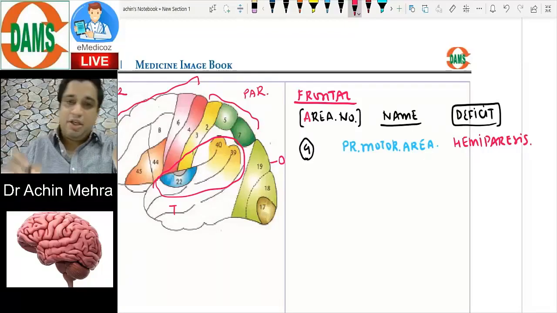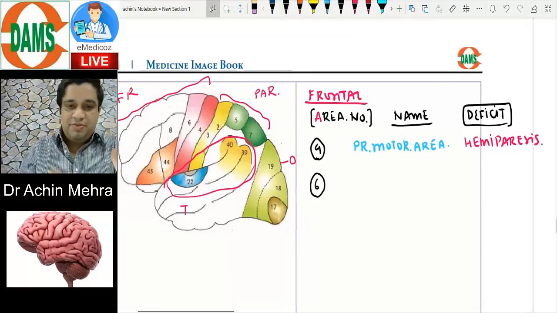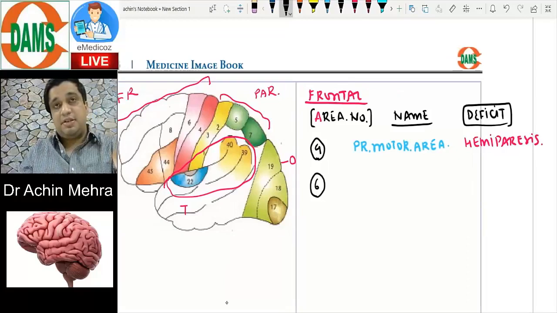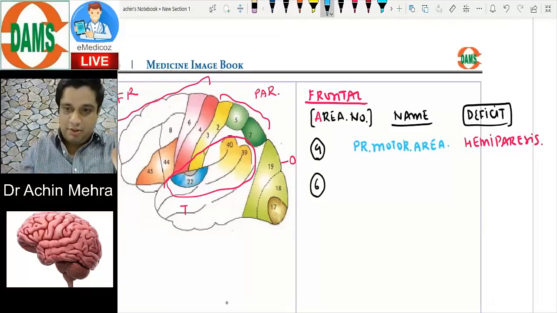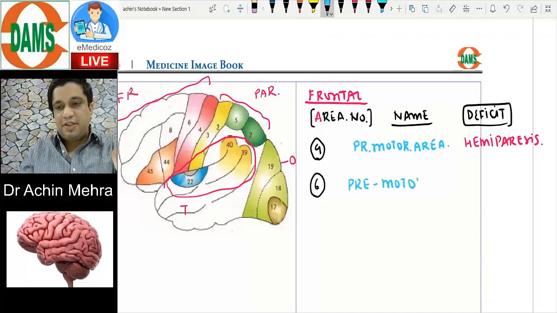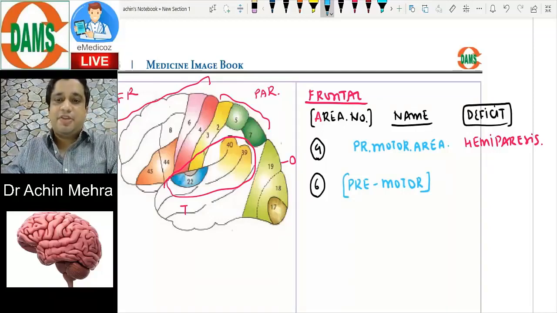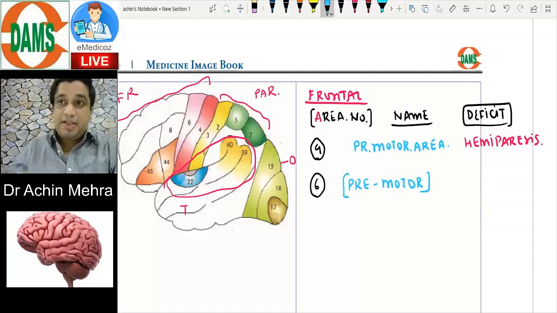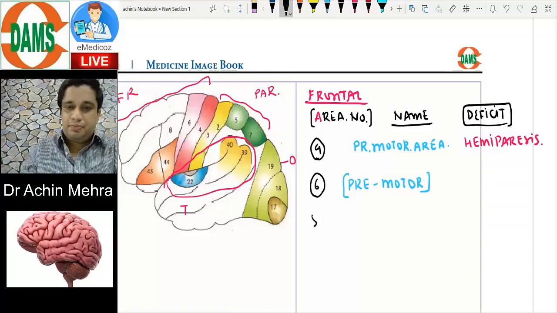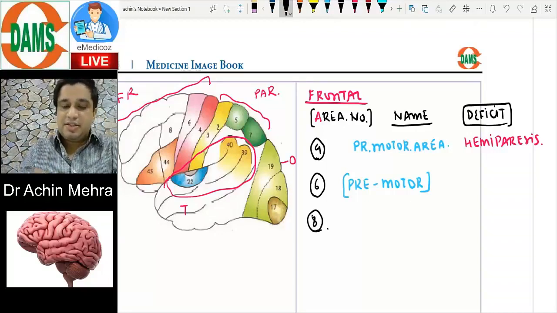Correct? Now area number 6. Just in front of 4 we got area number 6 in the frontal lobe, which is what? Premotor area, which was trying to define a movement and give it more accuracy with the help of the extrapyramidal tract. Okay, premotor area. Now number 8. Number 8, yes, was your frontal eye field.